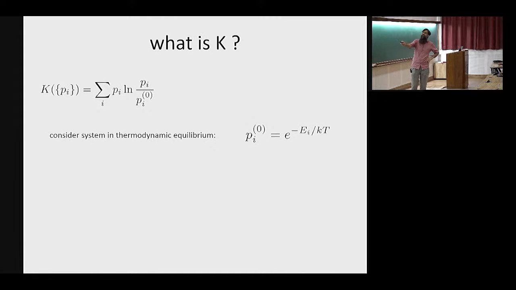Okay, so this is this quantity K, and one way of looking at it is that we consider a system that goes into a thermodynamic equilibrium, because if a system is in thermodynamic equilibrium, then the steady state is simple. Okay, if this is say a canonical system, then in our steady state the pi's are just given by Boltzmann factors.